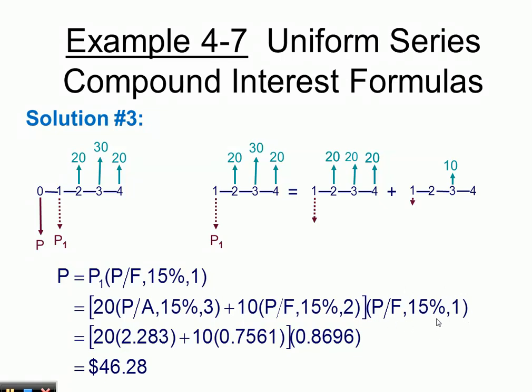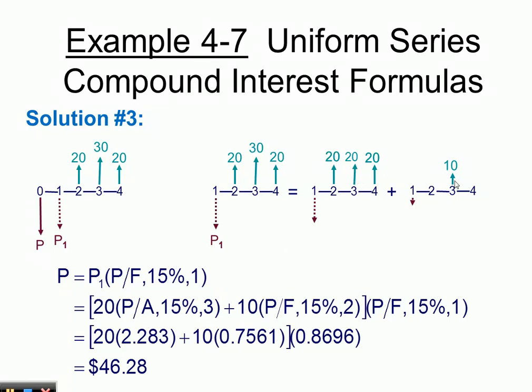It carries us over. Everything in the square brackets is actually our P1. The way we got it is by looking at it from the P1 perspective: this becomes a uniform series, and this is just a single payment. The uniform series amount is 20, this is A. We find a P for it, so P given A, 15% over 3 years, 1, 2, 3 years.